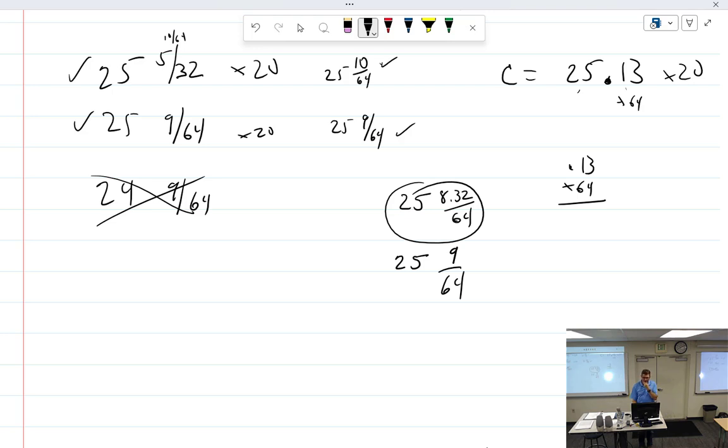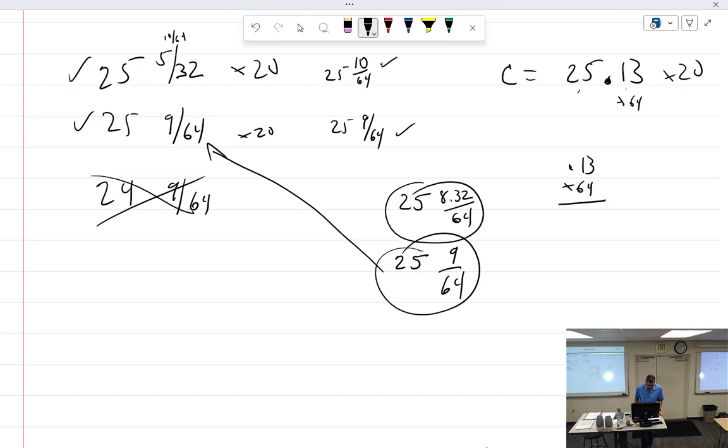All right. Are you with me? Yeah, I get it. There was just a lot. Like I said, I would have said, just give me the biggest piece and I'll figure it out. But no, the answer is 25 and 9/64 because we just round up a tiny bit and file it. If you pick the 25 and 5/32, which is also 10/64, you have to file more, and I don't think they want you to do that.